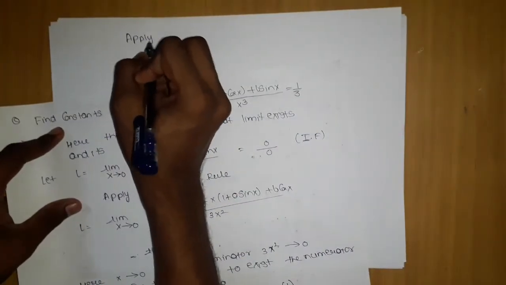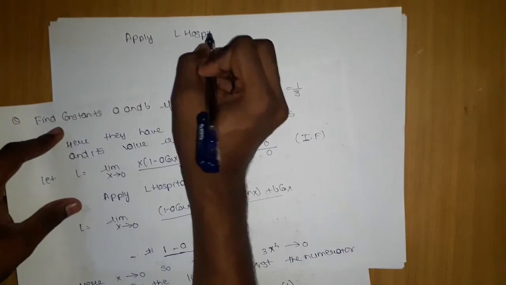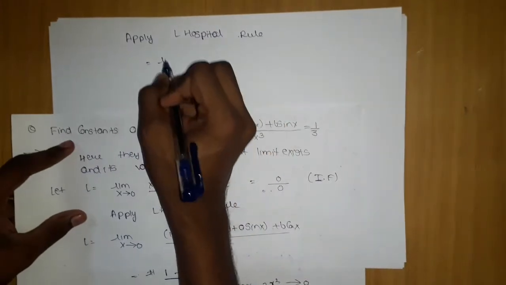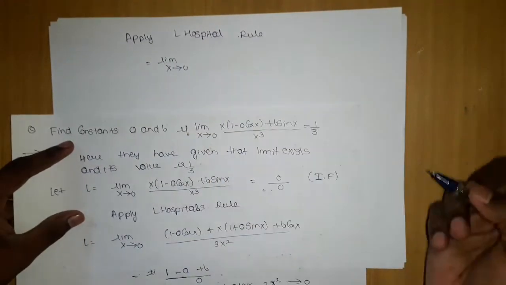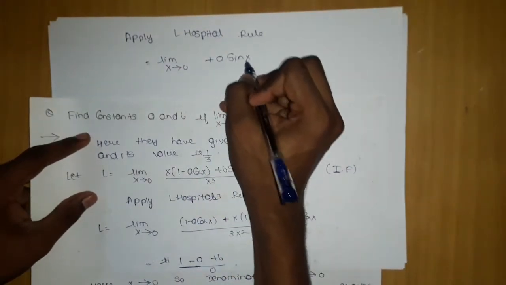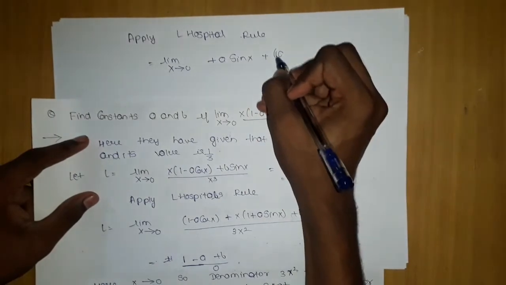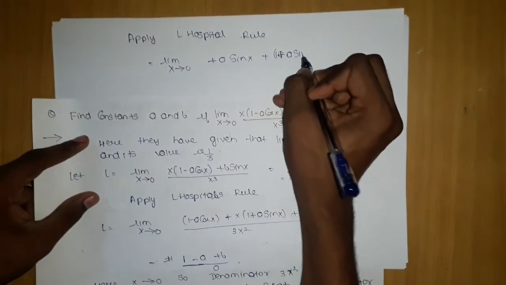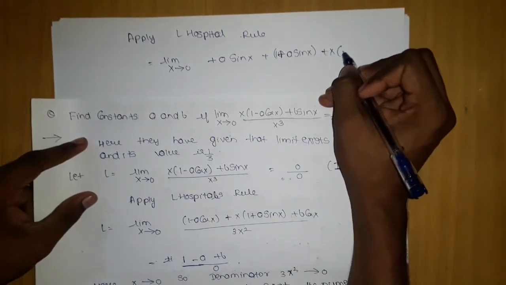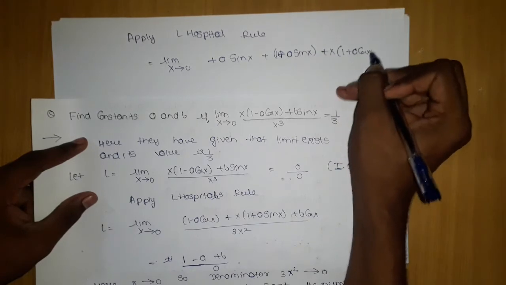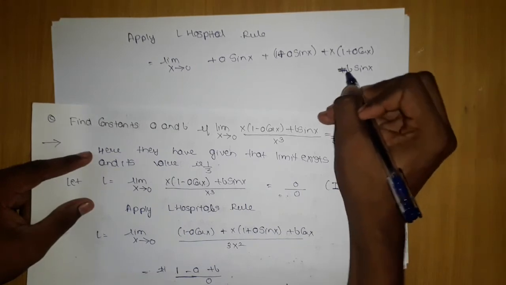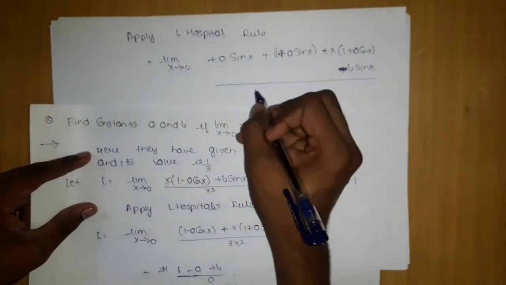Apply L'Hopital's rule. If I apply L'Hopital's rule, what I have is limit x tends to 0, here it will be minus a, this will become plus sin x, this will be 1 plus a sin x, and here it will be x into (1 plus a cos x plus b sin x), the whole by 6x.